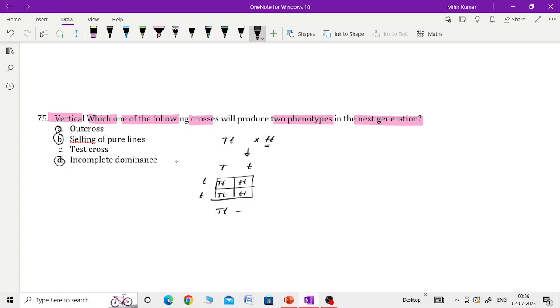Capital T small t produces tall, because T is dominant over small t, and small t produces dwarf. Yes, short plant. Means when we do the test cross, we find two phenotypes. One is a tall phenotype, second is a short phenotype. Means this is the correct answer for this question. The test cross produces two phenotypes in the next generation.